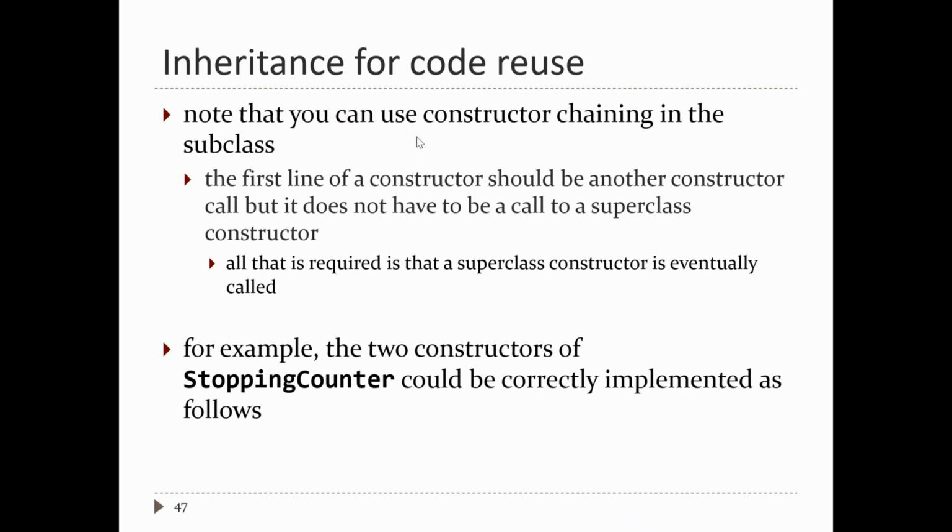I don't remember if I showed you what constructor chaining is. Constructor chaining is when you call a different constructor from within a constructor in the same class. So the first line of a constructor, you're supposed to call another constructor. It doesn't have to be the superclass constructor. All that's required is rule number 3: at some point, the superclass constructor has to be called.